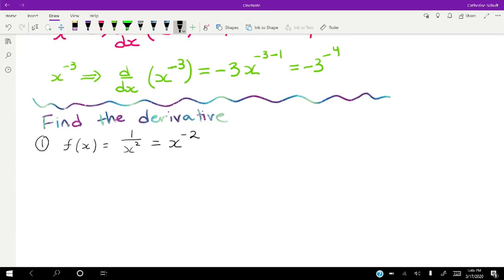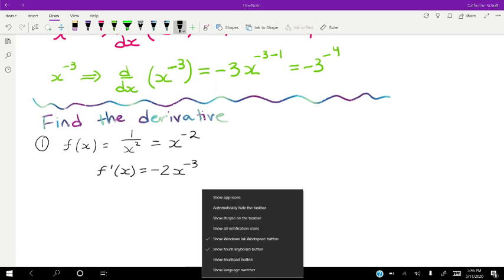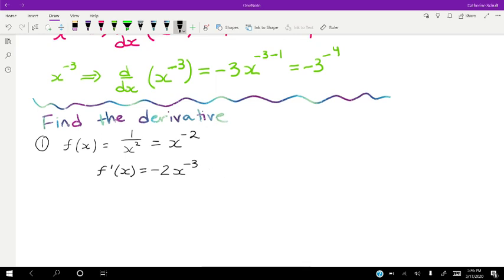All right, and now that we have that, I'll go back to prime notation, that f prime of x is equal to, and we can use our power rule. So we can bring down the exponent, and for the new exponent, we subtract 1. All right, and you can leave it like that. I'm fine with that.